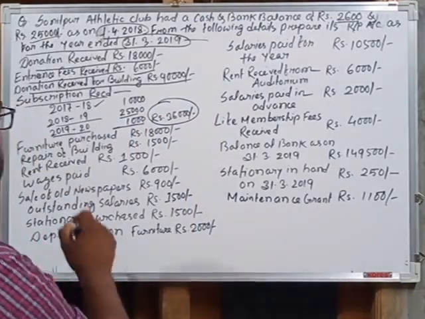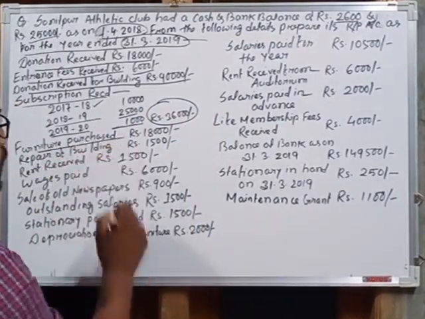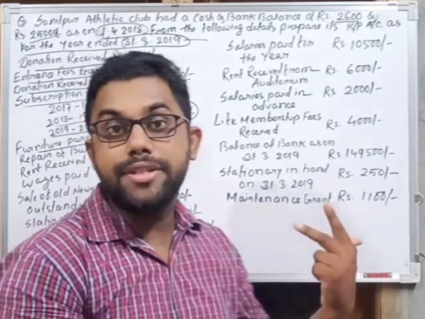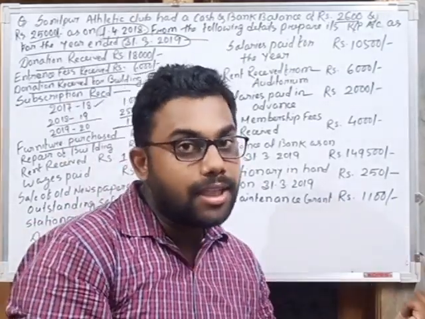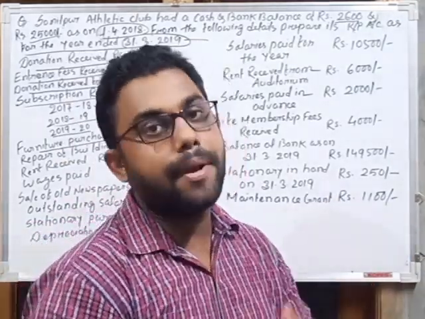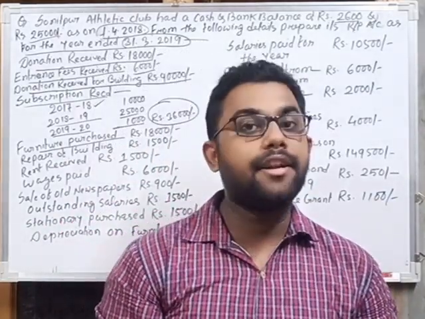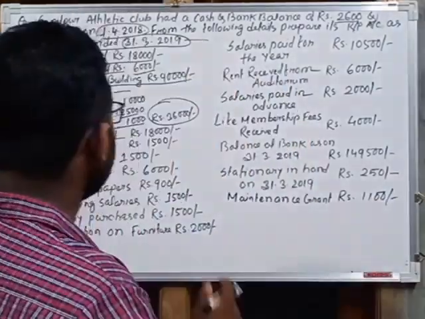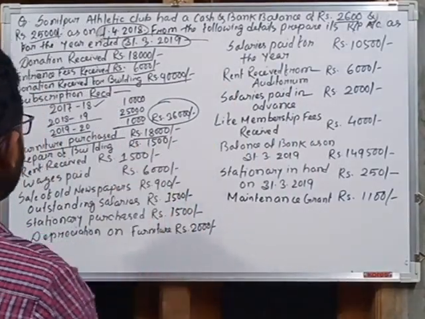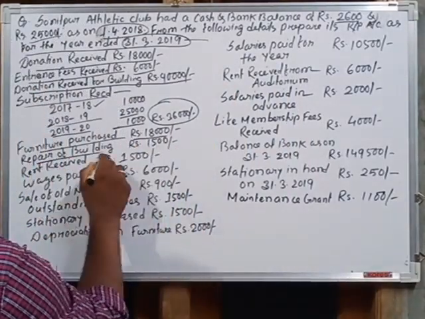Next, furniture purchased, that means asset purchase. It is a capital payment, which will come on the payment side, because the receipts and payment account includes both capital payments and revenue payments, and the amount is 18,000. Next, repair of building.